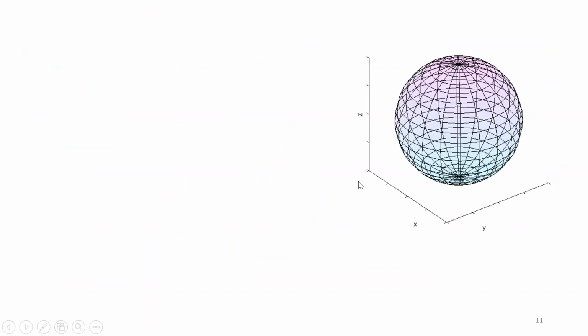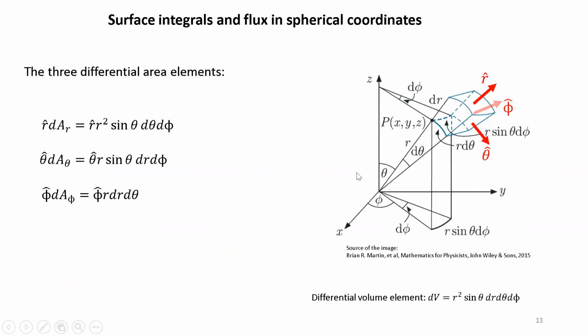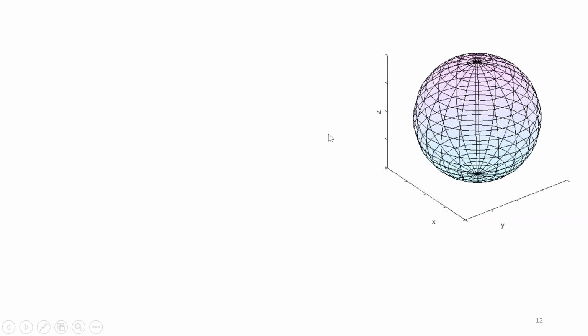So that's the case for cylindrical coordinates. Last time we also had the three area elements for spherical coordinates. So again, let's see how it works.